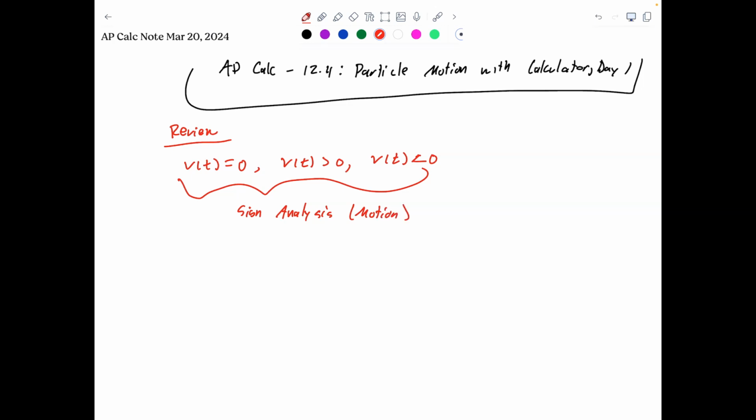Moving left, we have this idea of rest, forward, backwards.